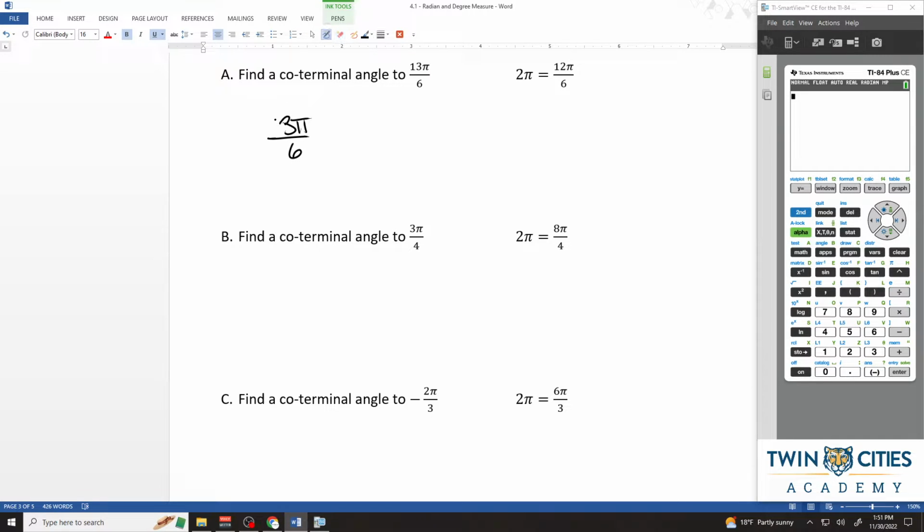So what I'm going to do is subtract 2 pi, except because this is a fraction, with denominator 6, I'm not just going to subtract 2 pi, I'm going to say 2 pi is the same as 12 pi over 6, because 12 divided by 6 is 2. So let's subtract 12 pi over 6.